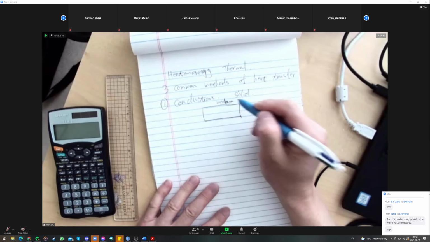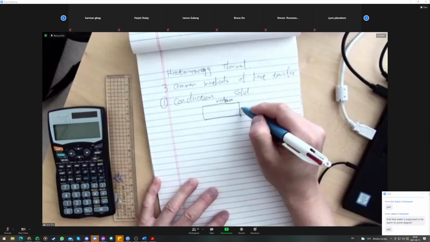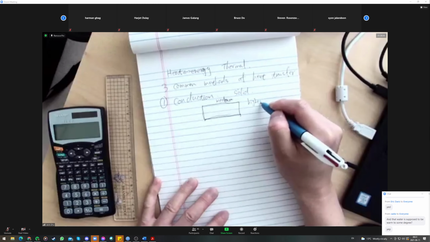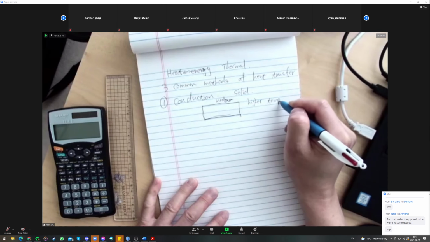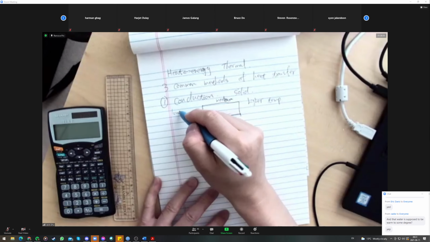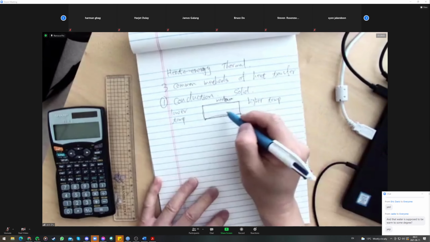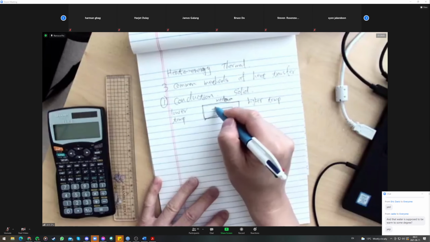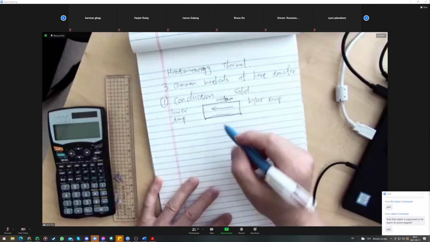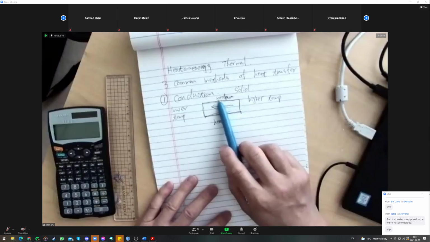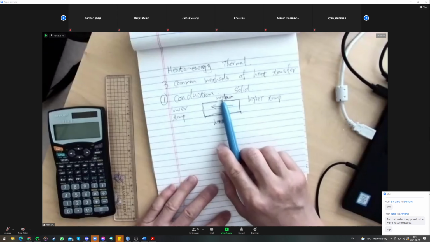Medium. So usually it's going to be solid. If this side has a higher temperature and this side has a lower temperature, the heat energy will always transfer from the high side to the lower side. You need some kind of medium in between.